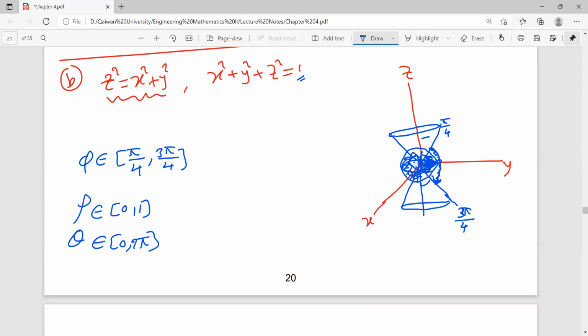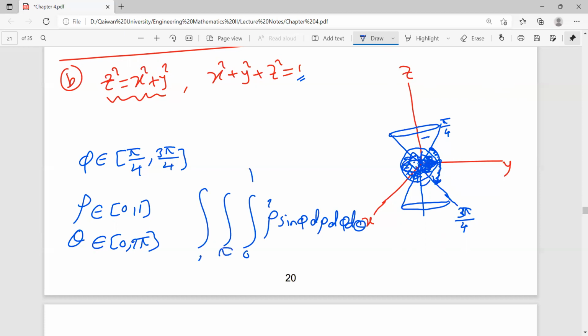These are the limits. I'm just going to write down the triple integral of rho squared sine phi d rho d phi d theta. Rho is from 0 to 1.